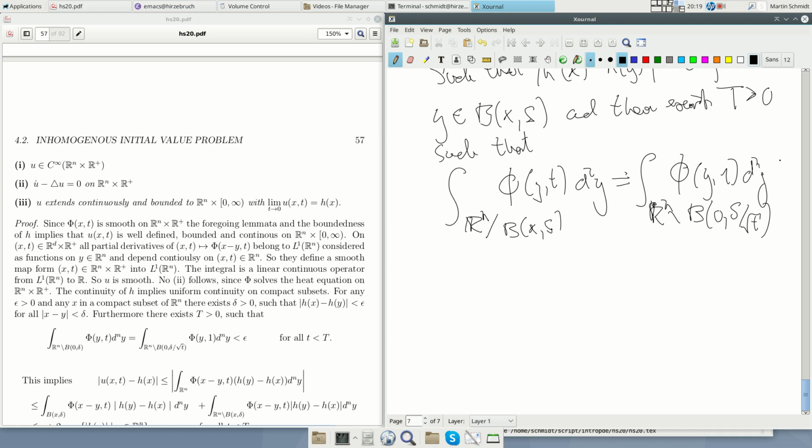And this is of course smaller than epsilon, due to the exponential decay.